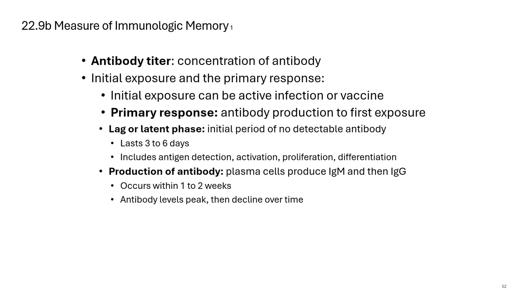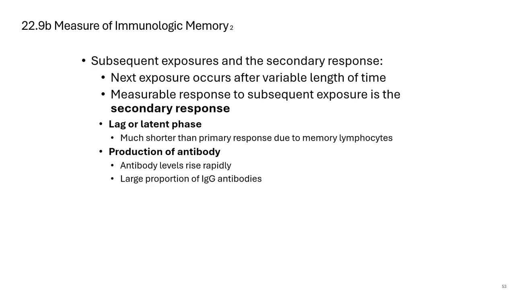Now, where the memory comes in is whenever you have your second and your third and your fourth and your 15th exposure to that same antigen. The antibodies that are produced are going to have that same specificity, but they're also going to typically be secreted in higher levels, and much faster as well.